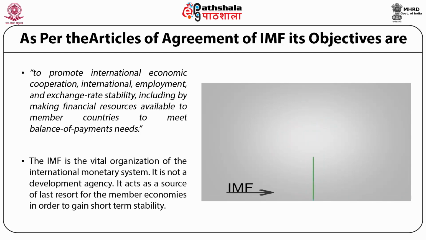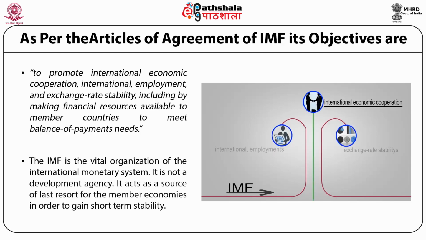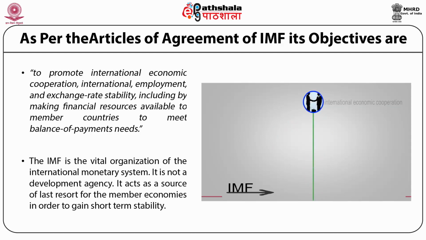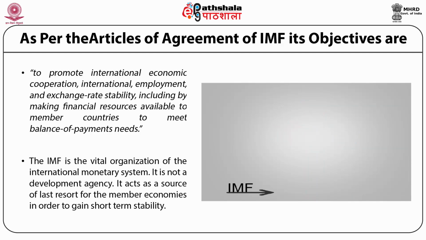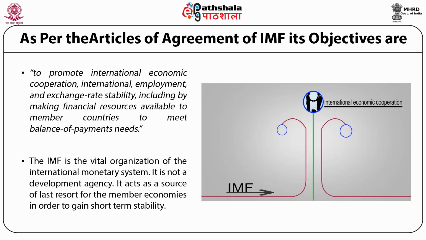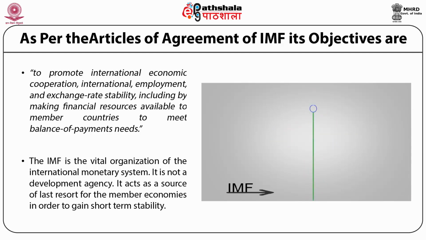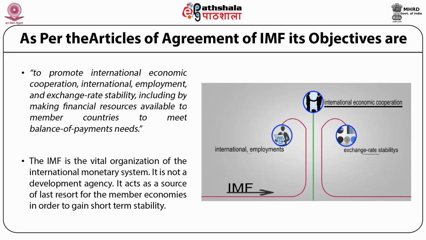The IMF is the vital organization of the international monetary system. It is not a development agency. It acts as a source of last resort for the member economies in order to gain short-term stability.